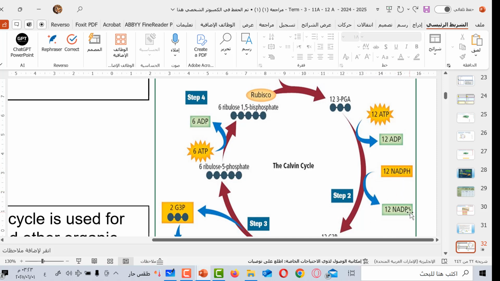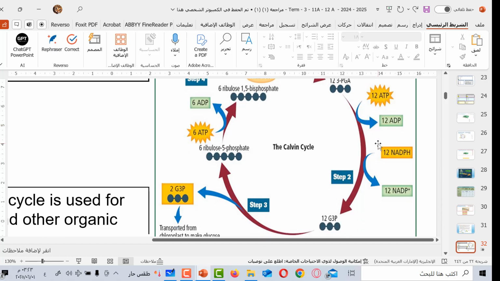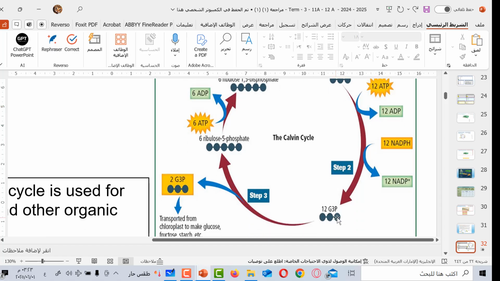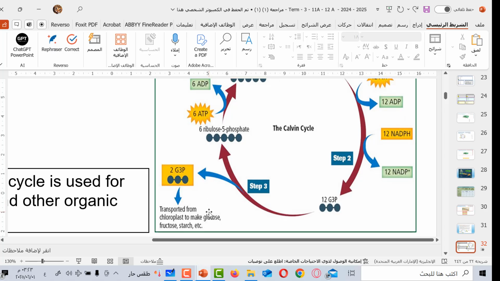It will change to 12 G3P, and this is the important one in the Calvin cycle, because 2 of these 12 G3P are going out from the Calvin cycle to give us many substances like sugar, glucose, fructose, starch, like that, okay?